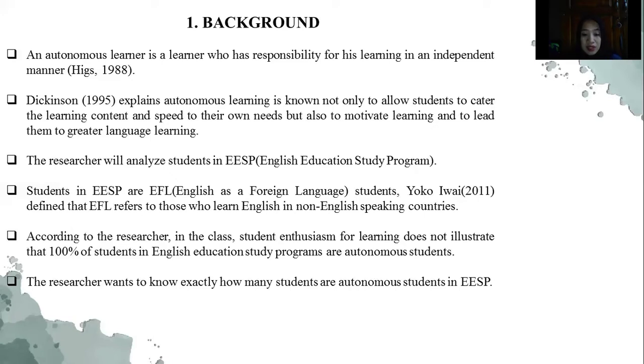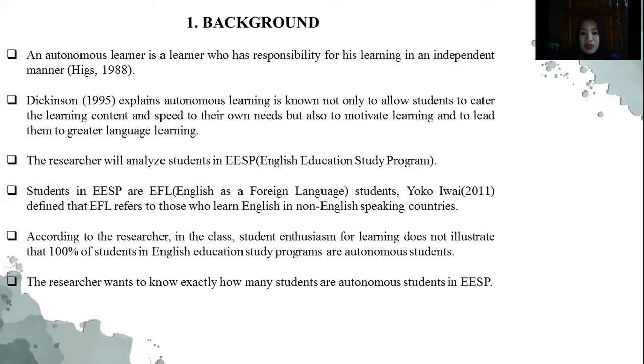According to the researcher, in English Education Study Program, student enthusiasm for learning doesn't illustrate that 100% of students in English Education Study Programs are autonomous students. It can be seen from some of the students who aren't active when the lecturer explains. They only accept what is given by a lecturer.